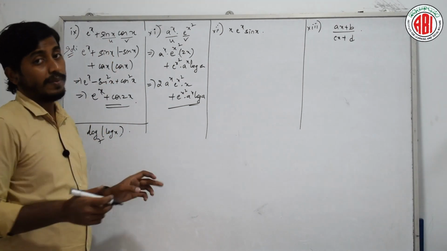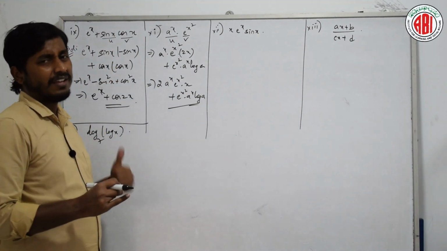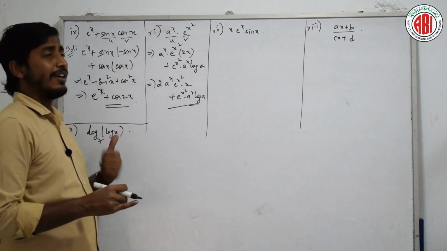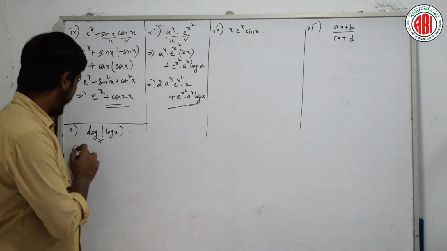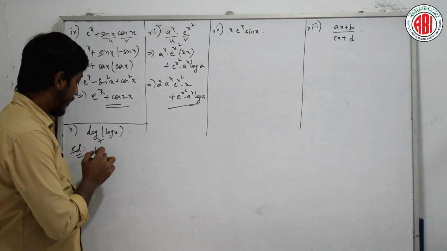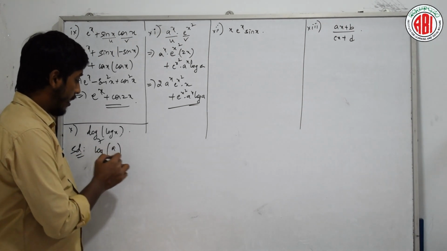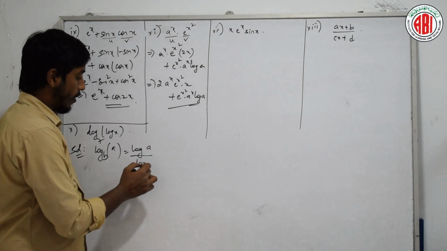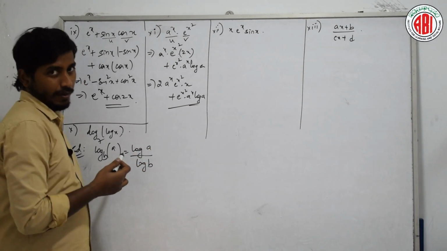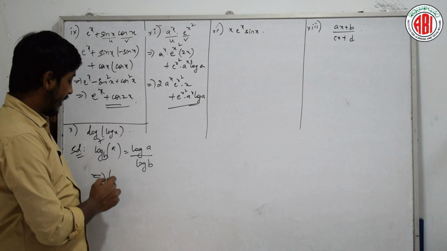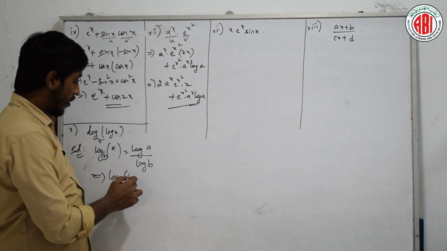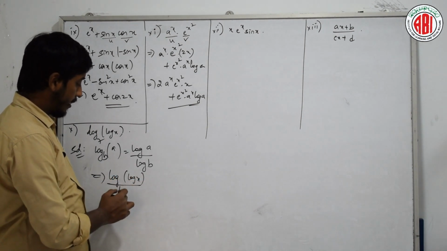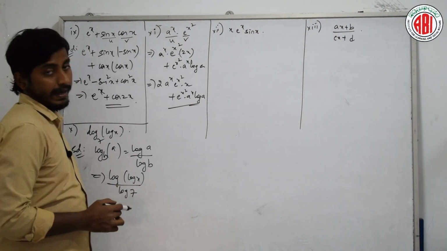Log of log x to the base 7. Do we have any formula like this? No, right? So let us write it as log a to the base b can be written as log a by log b. Hope you know this formula. Based on this, we will write it as log of log x by log 7.